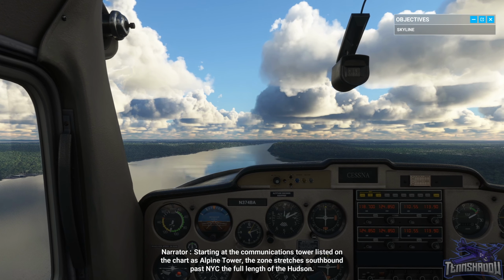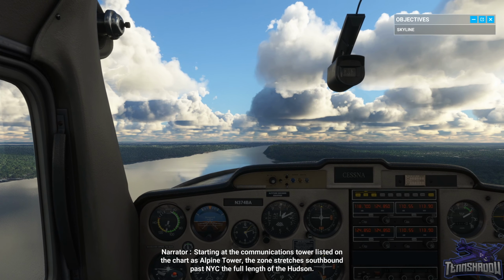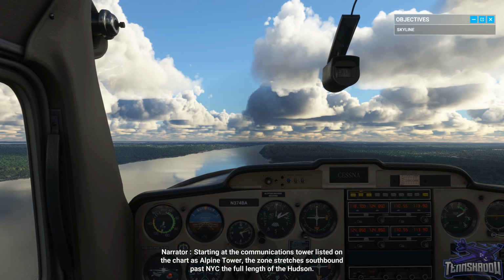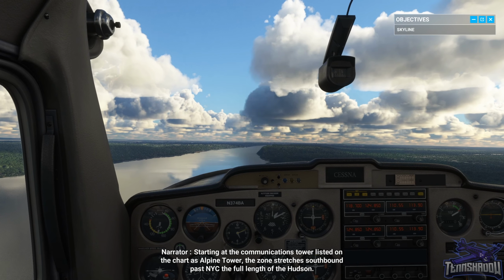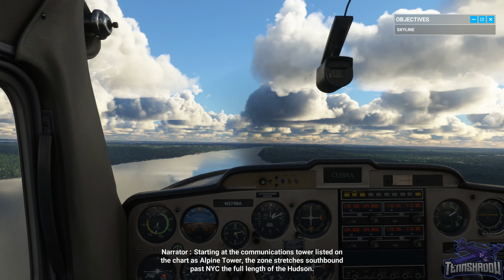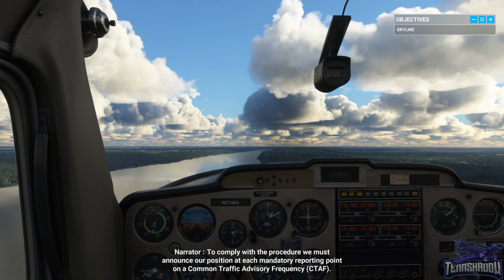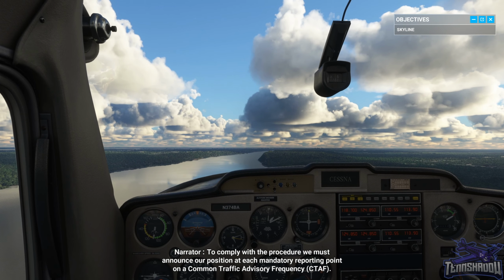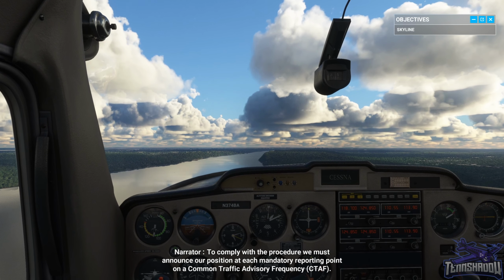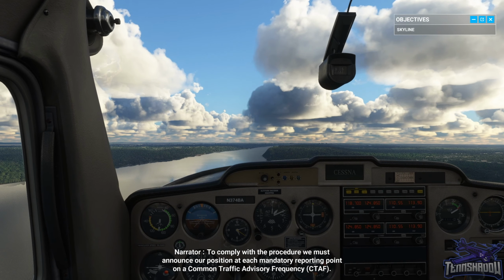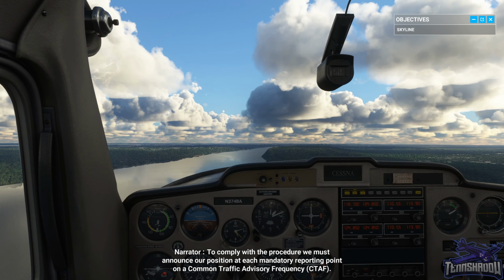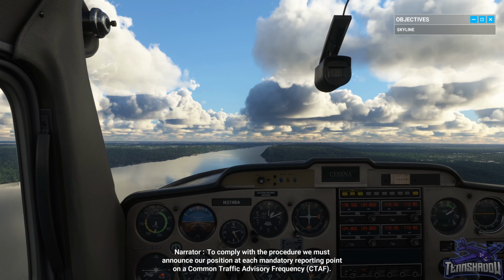Starting at the communications tower listed on the chart as Alpine Tower, the zone stretches southbound past NYC the full length of the Hudson. To comply with the procedure, we must announce our position at each mandatory reporting point on Common Traffic Advisory Frequency, CTAF.